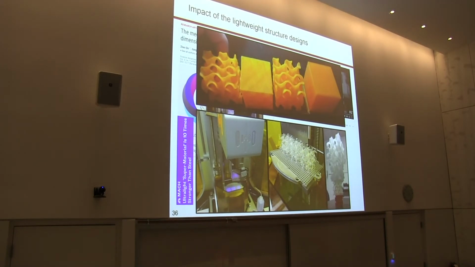People all over the world took my STL file and created those gyroid structures using their own printers. It can be a thermoplastic printer, just like a MakerBot, or a more precise printer that uses UV light for SLA stereolithography printing. They all ended up with those gyroid structures, and they are surprised because the structure is so light.